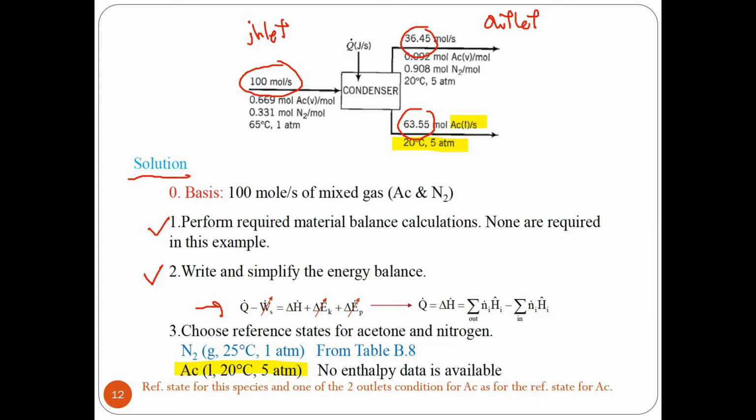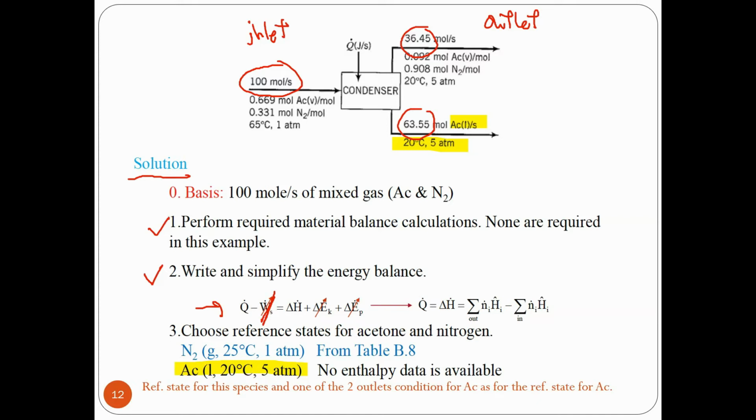So you can assume that our shaft work is going to be 0. You need to simplify and cancel any terms that are 0 or negligible.